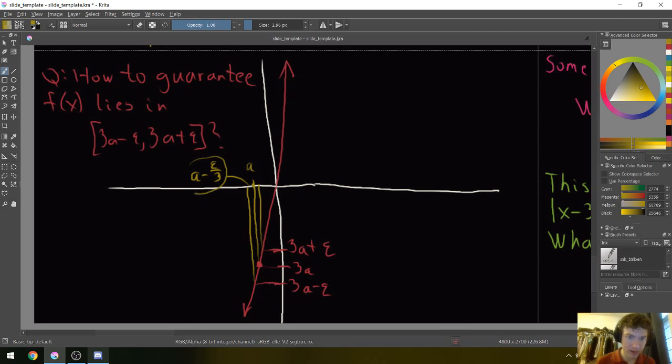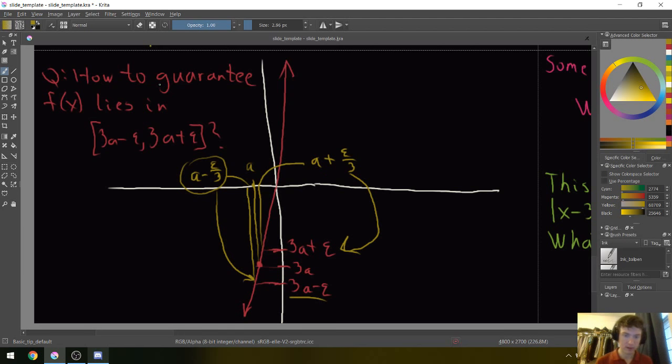If we feed in a minus epsilon over 3 to the function 3x, the output, you just multiply by 3, it's going to be 3a minus epsilon. And likewise, if you feed in something which is again not quite a, but it's too big, a plus epsilon over 3, your error of epsilon over 3 gets multiplied, because when you apply the function 3x to this, you multiply a by 3, you multiply epsilon over 3 by 3, and that gives you this value.